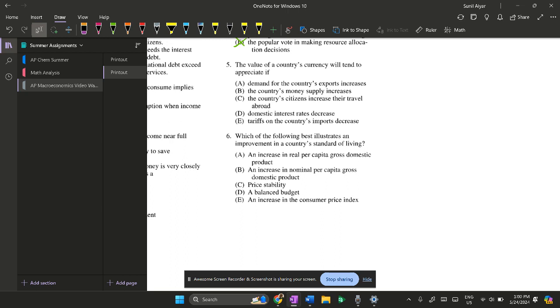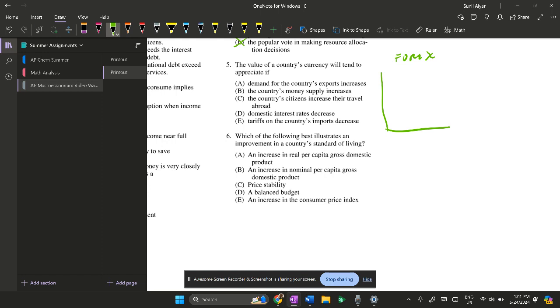So the value of a country's currency will tend to appreciate. Let's just try all these. Demand for the country's exports increases. So this is a forex market.